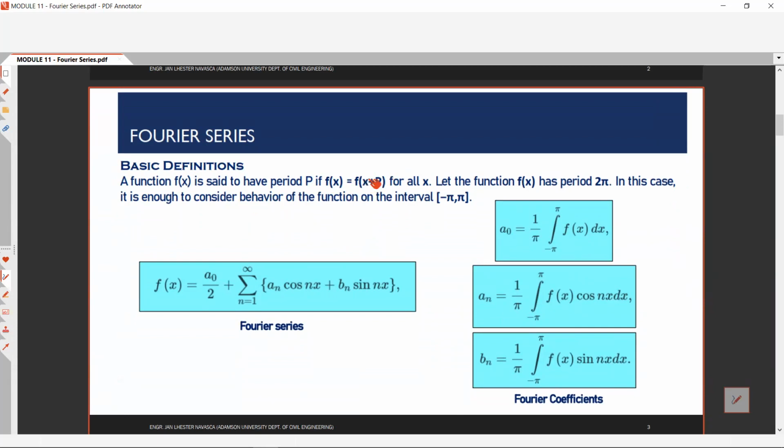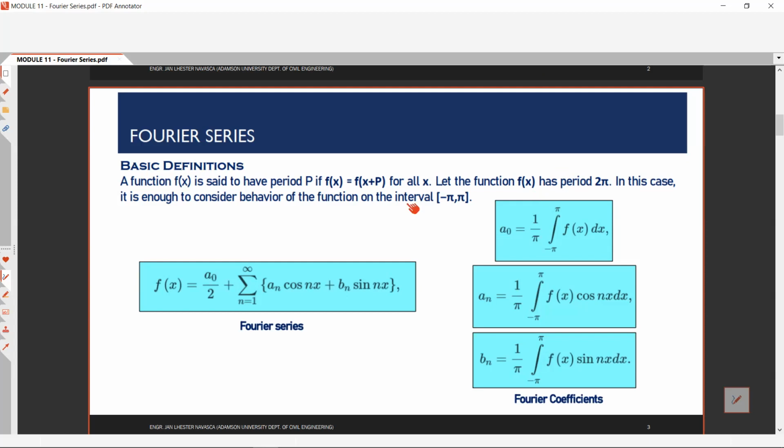As you all know, when your function is periodic, let's say a sine or a cosine, after that period the value is the same again. That is a periodic function. Then let us have a function f of x that has a period of 2 pi.